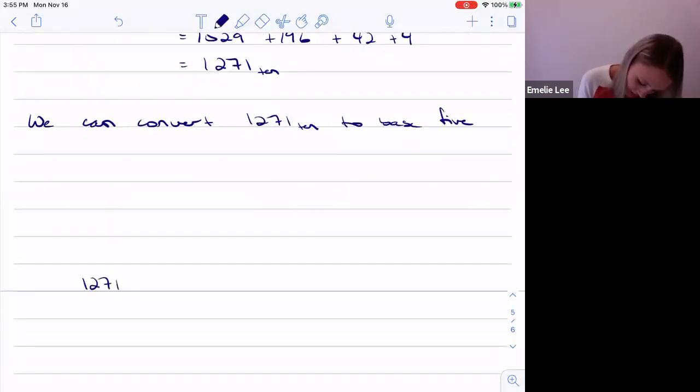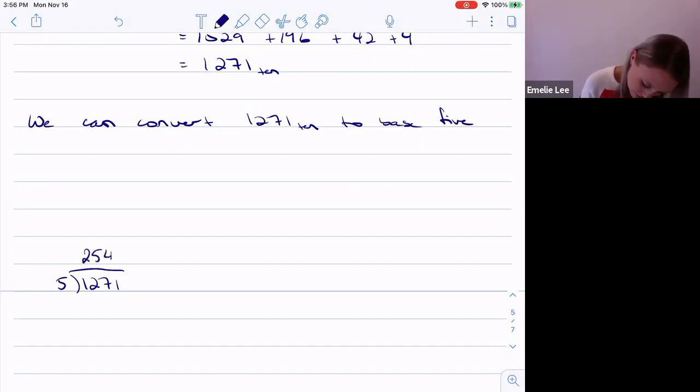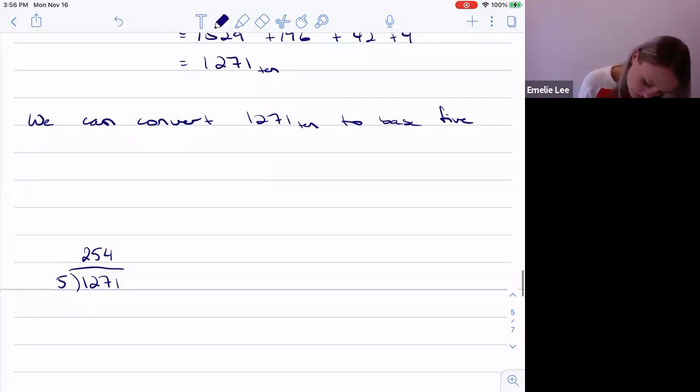So 1271, and I'm converting to base 5, so I'm going to do repeated division by 5. So 1271 divided by 5 puts me at 254.2, so 254 times 5 is 1270, which means I have a remainder of 1.